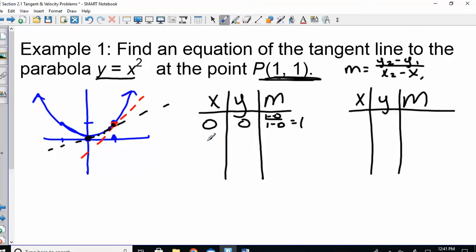Okay, so let's get closer. So maybe a half. I'll put in 0.5. So if you put in 0.5, what's 0.5 squared? 0.25. So I want the slope, again, between this point (1, 1) that's on my line and this other point. So y sub 2 minus y sub 1 over x sub 2 minus x sub 1.